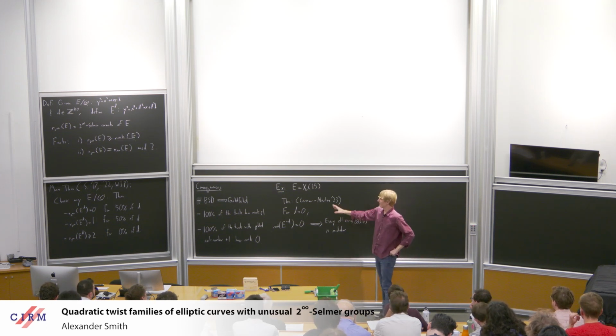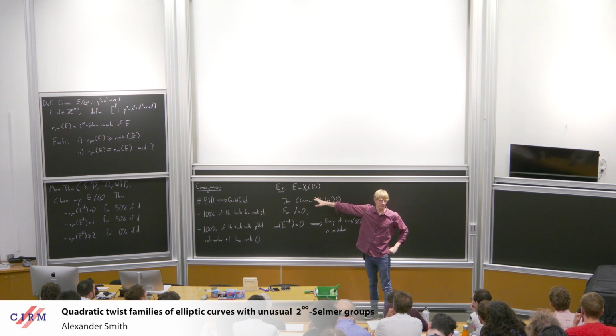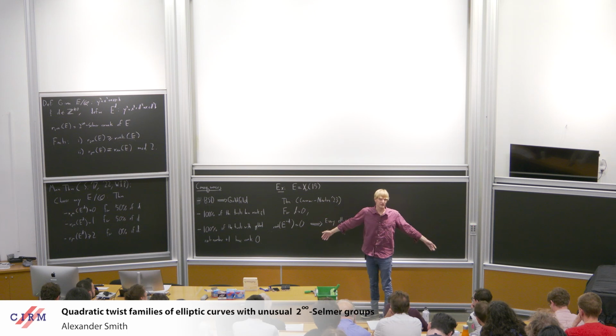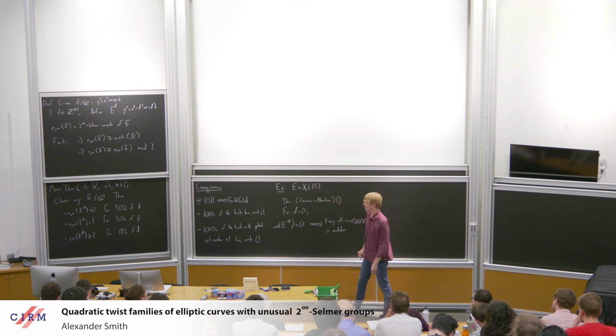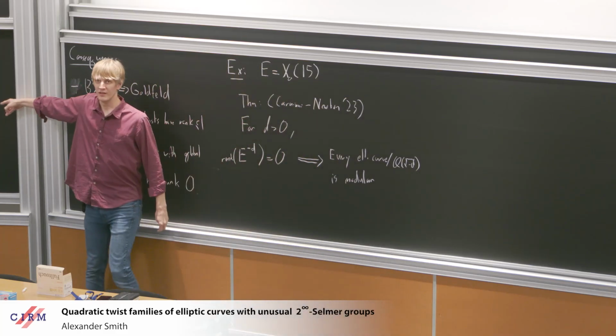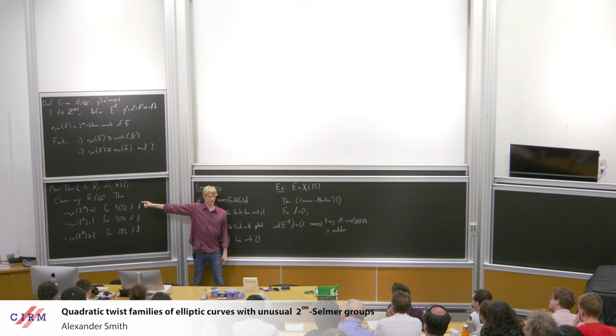Okay, and why this particular example is so important is because it was the impetus for everything I'm going to talk about today. So in December, I had proved not quite this. I had proved this, but I had missed some stuff.